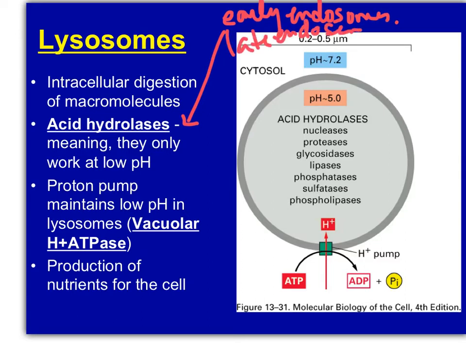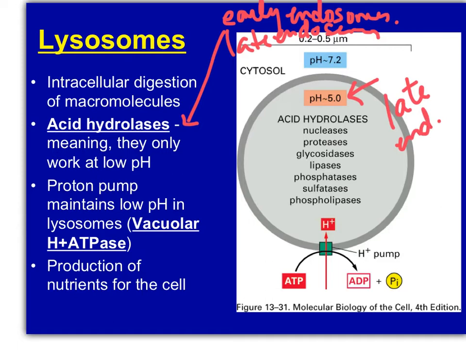Different enzymes are in different organelles. And acid hydrolases are enzymes that aren't functional until they reach a particular pH. So in this case, they're showing you pH 5, and I said you go from pH 7 to pH 6 approximately in early endosomes. So at pH 5, you are now really in a late endosome.